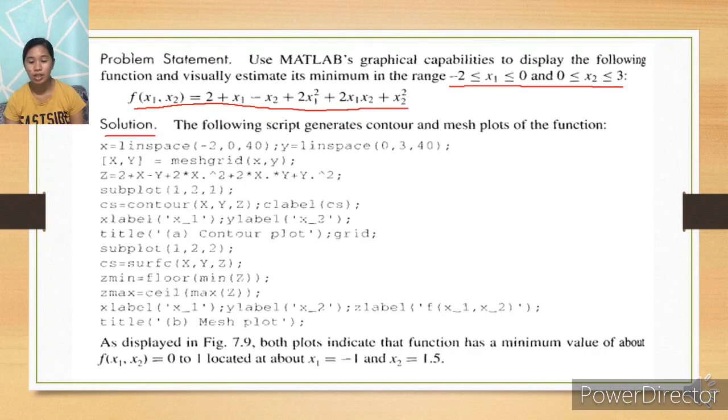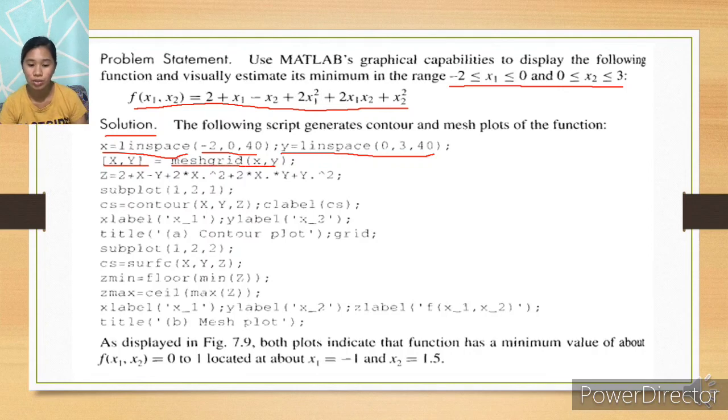Solution: the following script generates contour and mesh plots of the function. So x equals linspace of negative 2, 0, and 40, and y equals linspace of 0, 3, and 40. Then we have meshgrid of x and y.